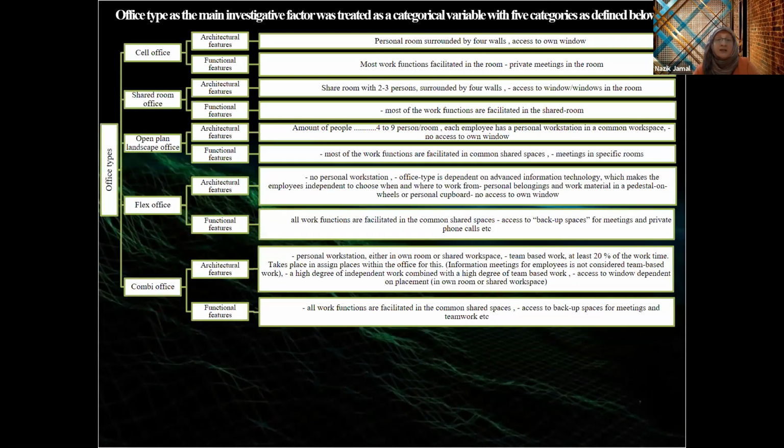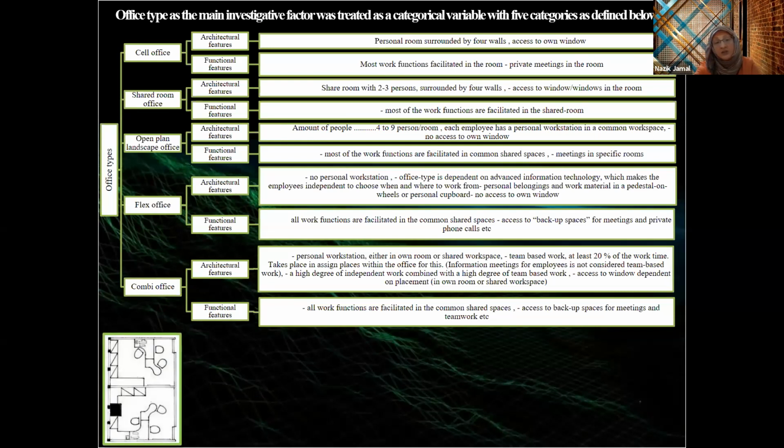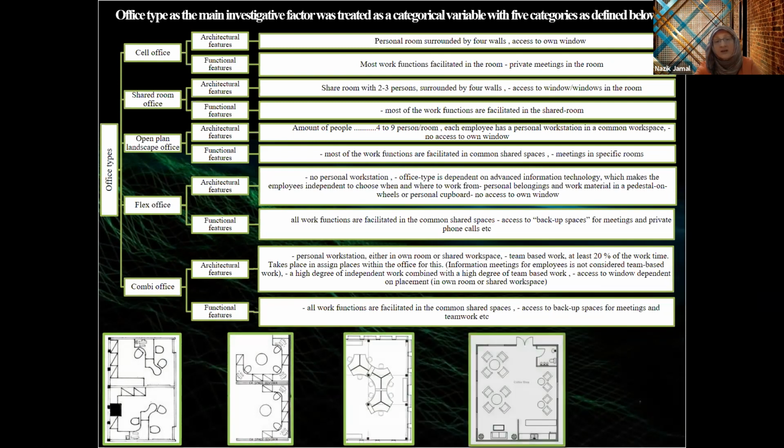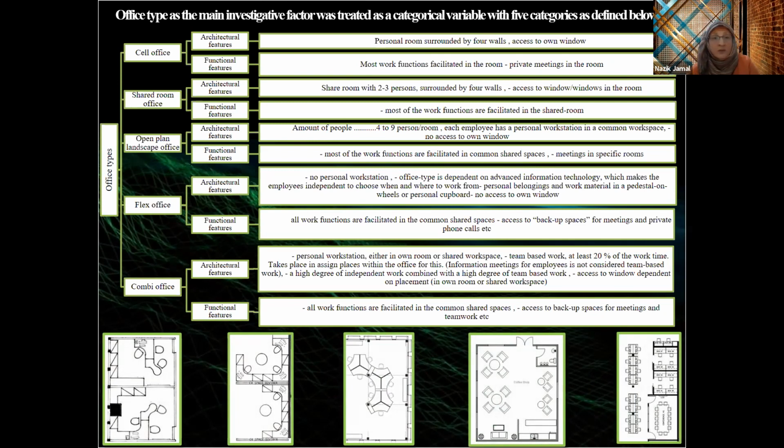Here we give a simple definition of each type of office. We have five types: cell office, shared room, shared office, open plan landscape office, flex office, and combi office. And we give a simple plan for each type. This is the cell office, and the plan for the shared room office, open plan landscape office, flex office, and finally combi office. I will give you one example.